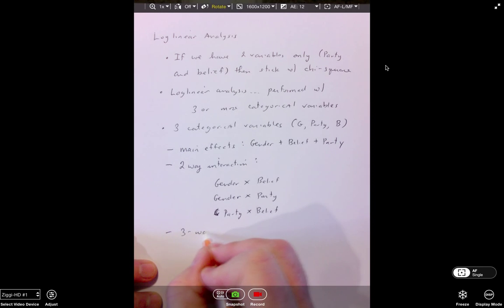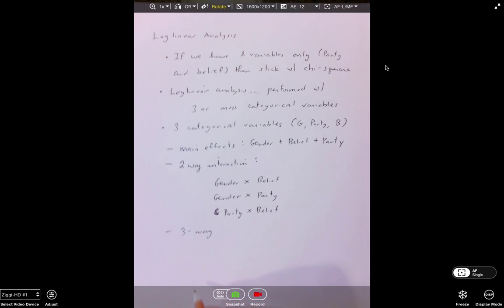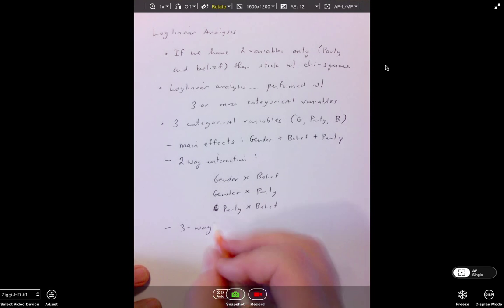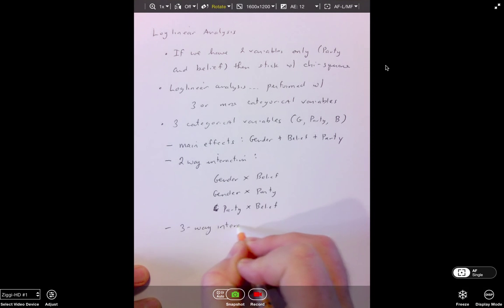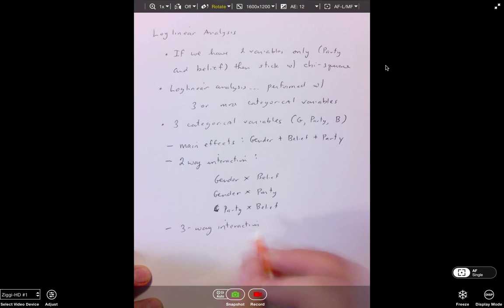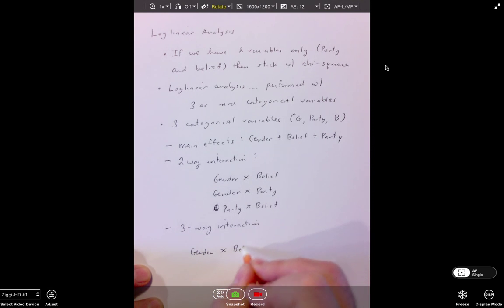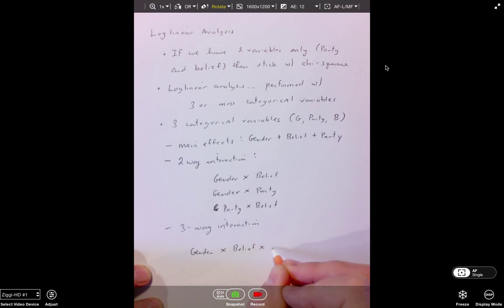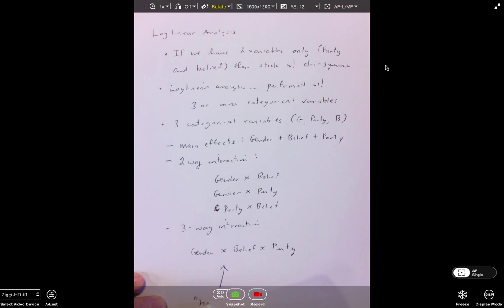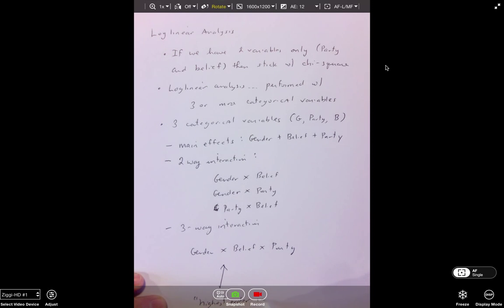Our next interaction would be a three-way interaction. And guys, obviously this is gender across belief across party. Now guys, in our situation, we call this the highest order interaction.